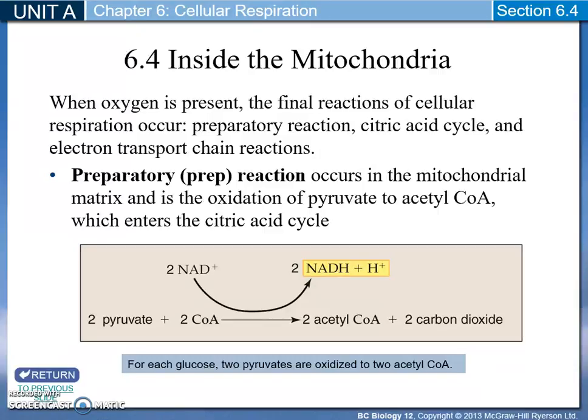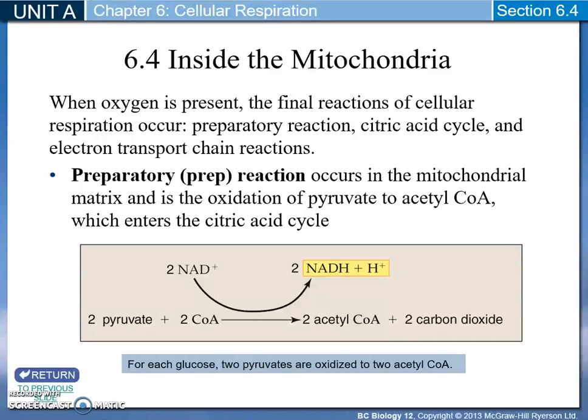So phase 2 is the preparatory reaction, phase 3 is the citric acid cycle, and phase 4 is the electron transport chain reactions.